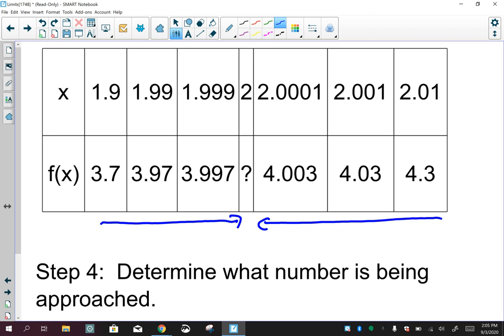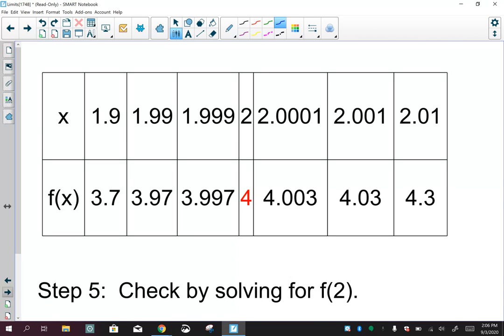It doesn't necessarily mean the y value will exist with it, but there is a limit that will exist. So if we're looking at this, we'll notice a 3.997 and 4.003. So this is around the number 4. We're determining from the table that the limit is going to be the number 4, which is correct.